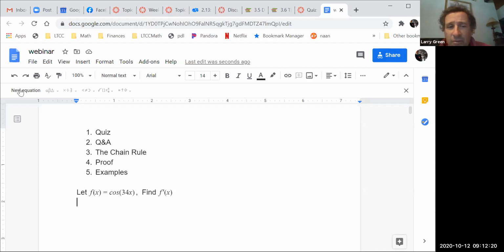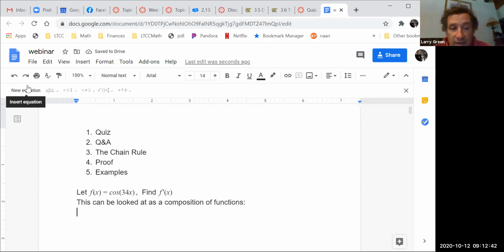So instead, what we want to do is realize this is a composition of functions, or can be looked at as a composition of functions. So we can look at this as g of h of x, actually, let's call it g of h of x because I already used an f.